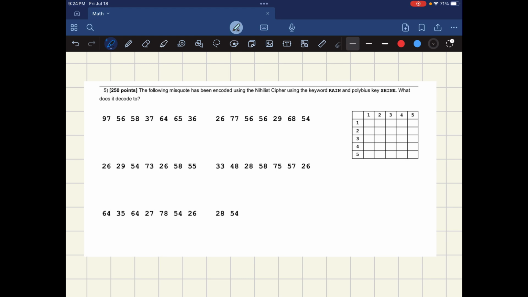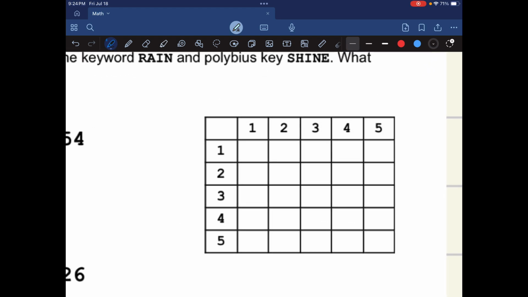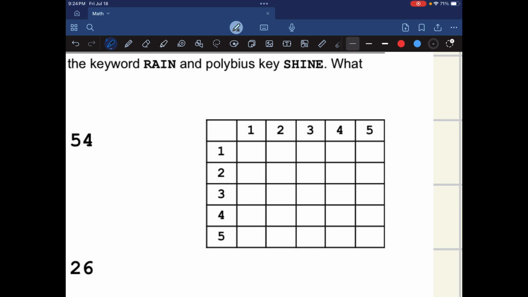Like I said before, the first thing we should always do is fill out the square. We see the Polybius key of shine. We start filling out the key in the top left corner. So we have S, then H, then I, then N, then E. There are no repeats in the Polybius key, so we don't skip any letters. And now we start filling in alphabetical order.